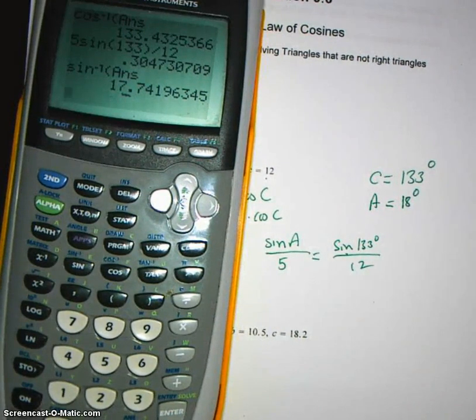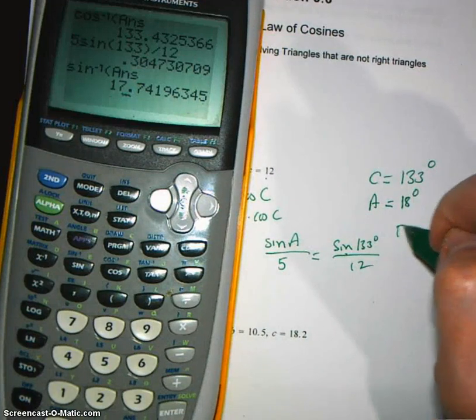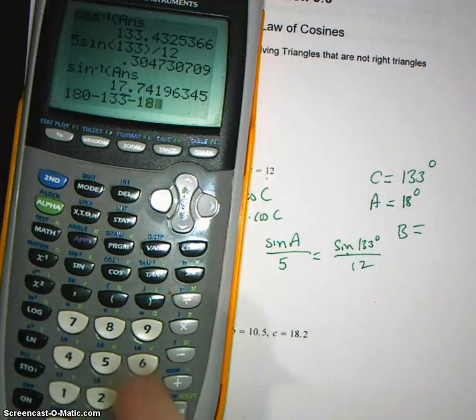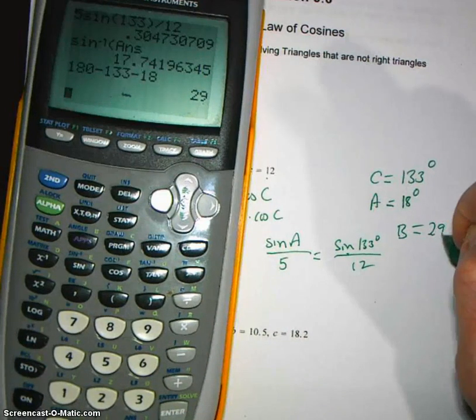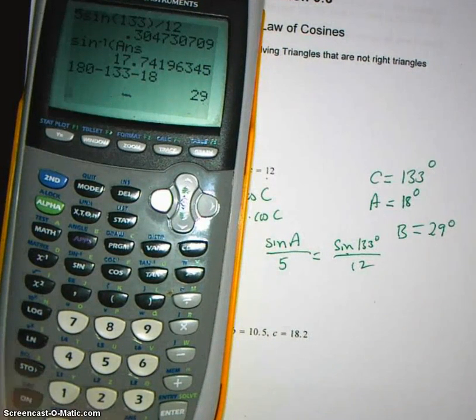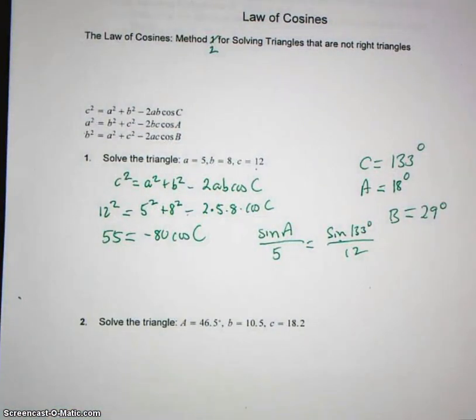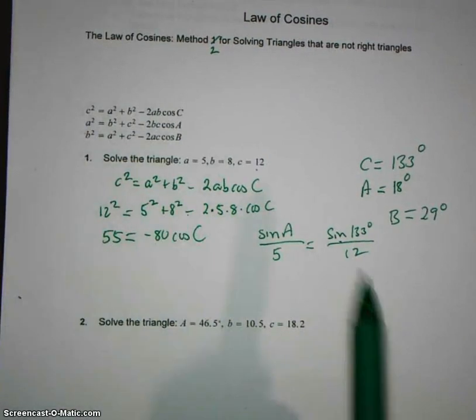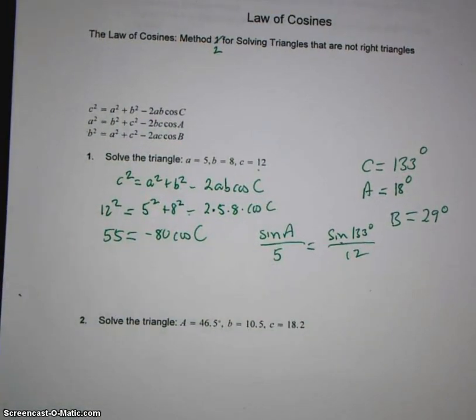I'm going to go to the nearest degree on these. And then finally to find B, B is just 180 minus 133 minus 18. B is 29 degrees. B is the easy one to figure out. All right, so that's going to be very, very common with these problems. Typically, you'll do the law of cosines once, and then quite often after that, you'll use the law of sines.